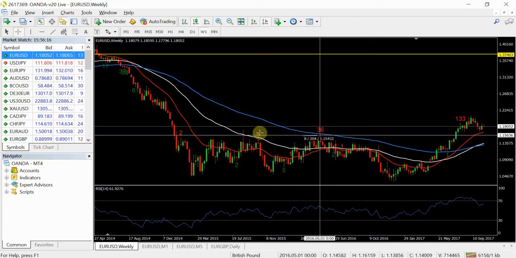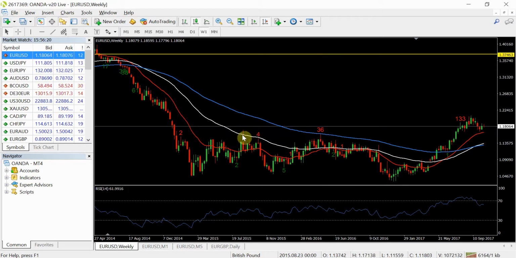Yes, 35, 36, so that bar there is the last time price was there. It's not very far, even though this is 36 weeks, which is just over half a year. Because we're doing a continuation, you're not going to get big numbers over here, roughly.